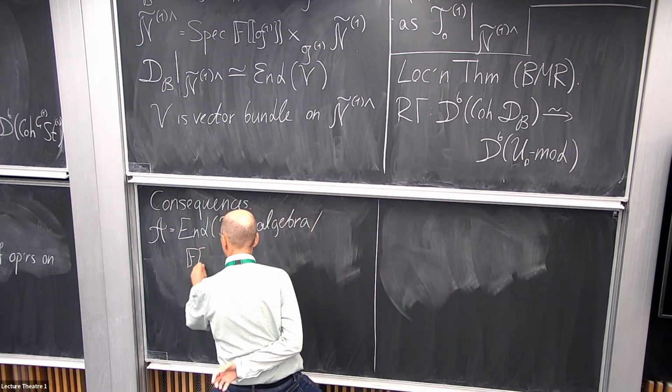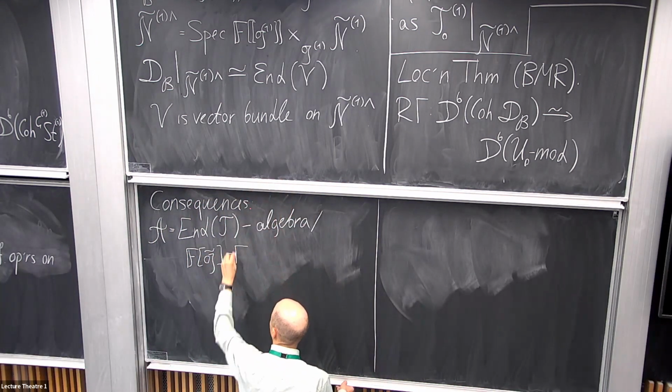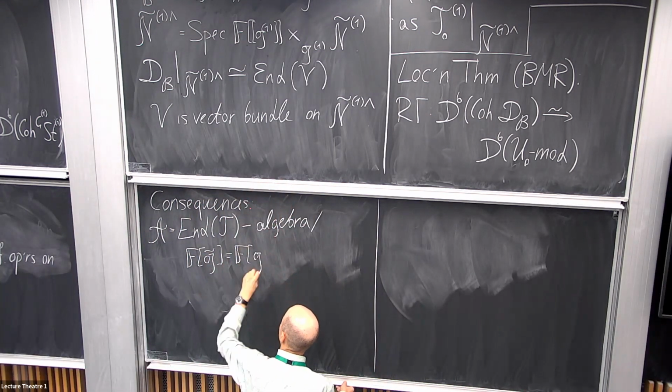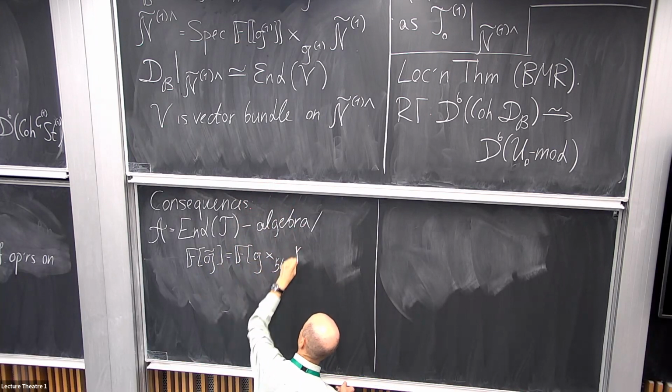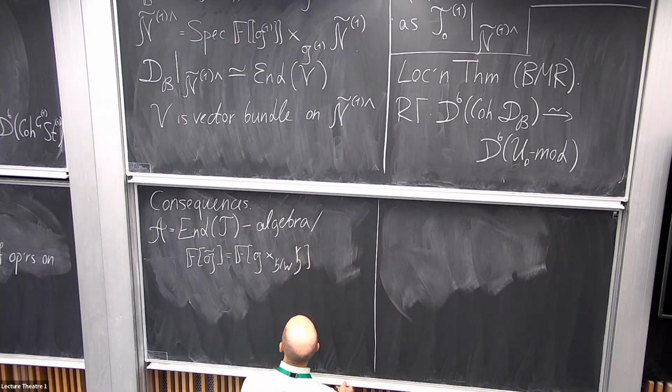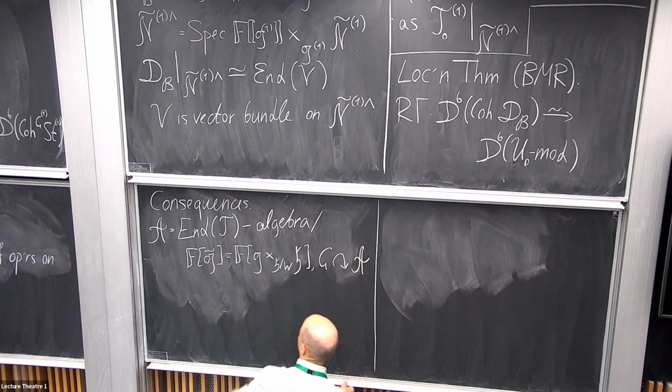Over functions on G tilde. And the functions on G tilde is the same as functions on G times H over H mod W. And then it comes with an action of G. Okay? So that's one algebra that I'm going to care about.